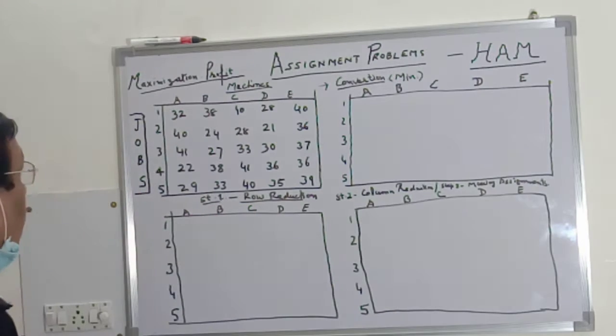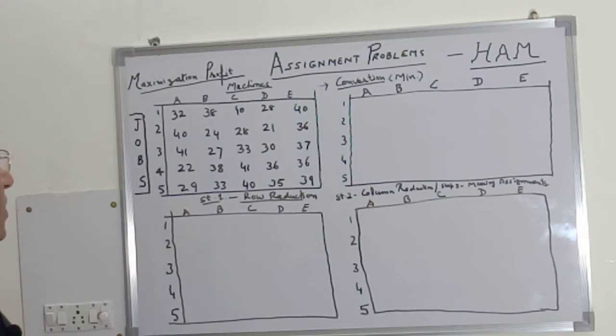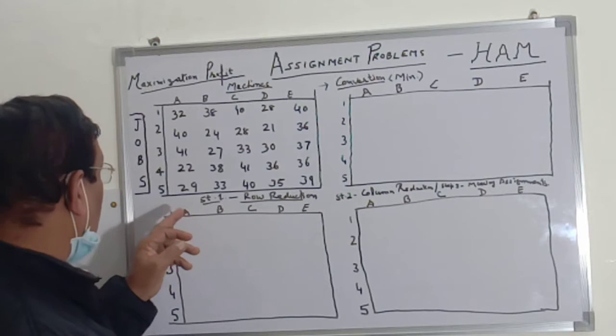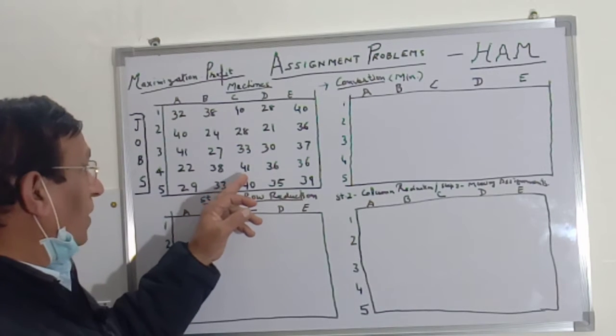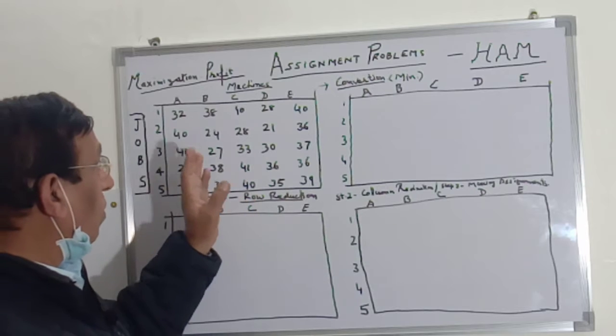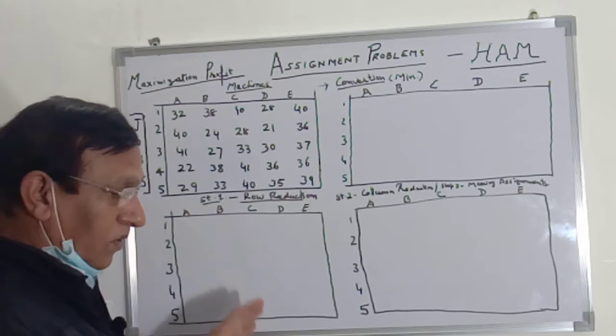So let's do that. I have taken this exercise. This is maximization profit. Now we have to select the highest number. The highest number is 41. Now you have to subtract all the numbers from 41.